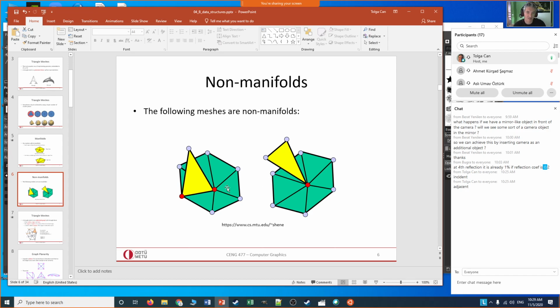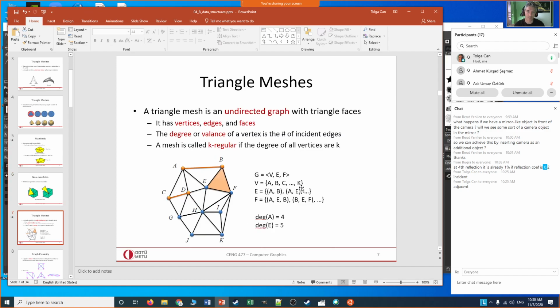The ray tracing algorithm can render these non-manifolds perfectly fine. But manifolds will be important if we want to have some other surface properties in an object, or if you have a data structure which assumes the underlying object is a manifold, then this property will be important.